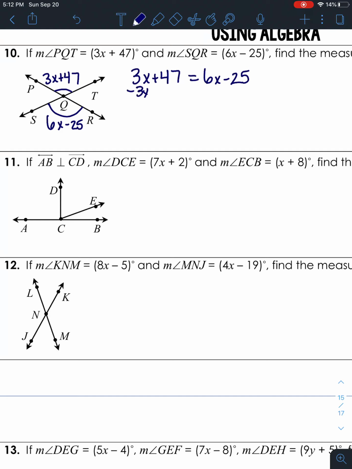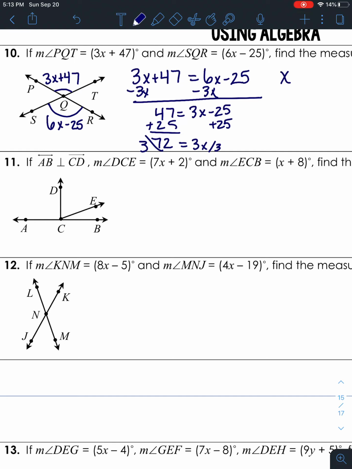I'm going to minus 3x from both sides to start off with. That gives me 47 equals 3x minus 25. I'm going to add 25 to both sides. That will give me 72 equals 3x. Divide both sides by 3.